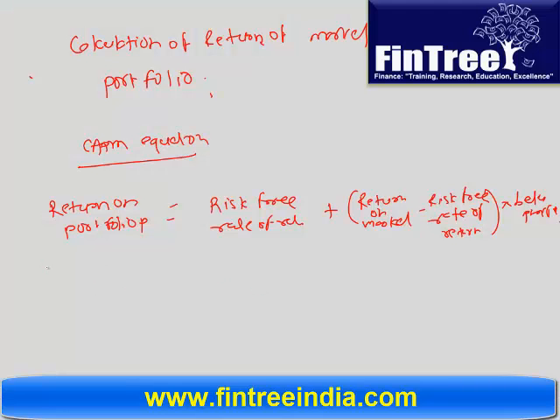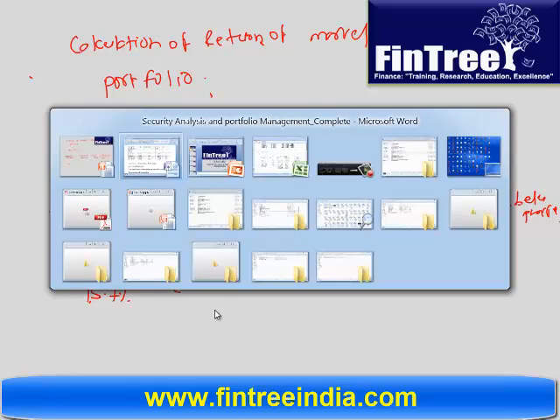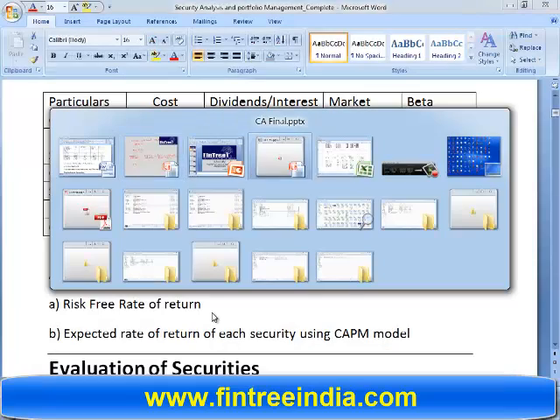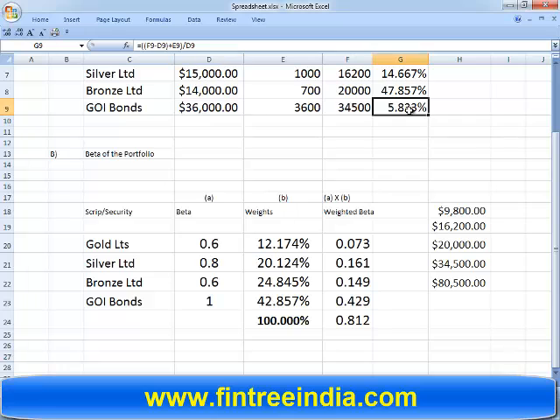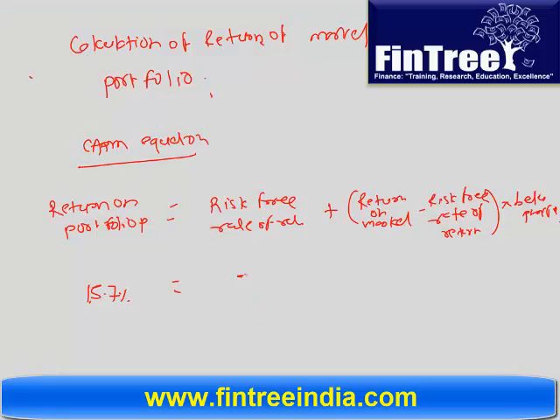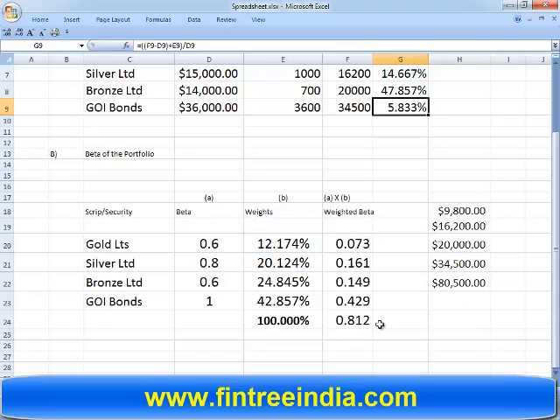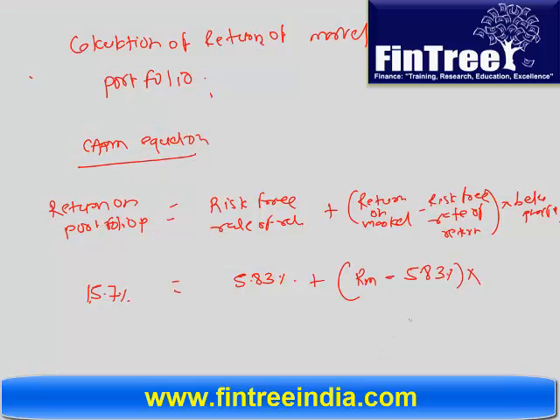So this is given as 15.7% is equal to, we've already calculated RFR, it is 5.83% plus, let's call this as RM minus 5.83%, and let's multiply it with the beta of entire portfolio, which is 0.81. So 0.81 here.